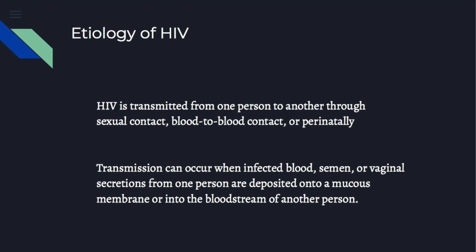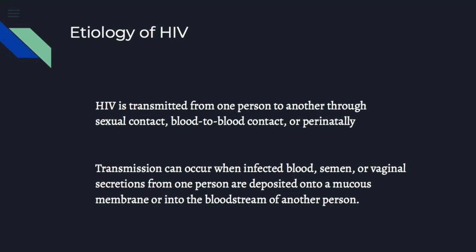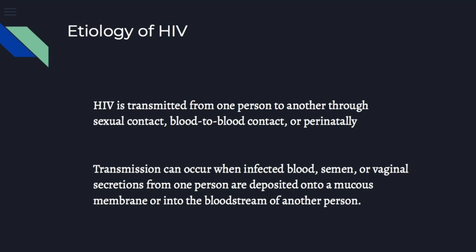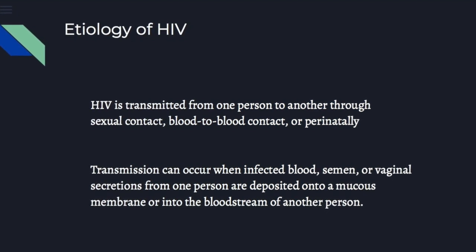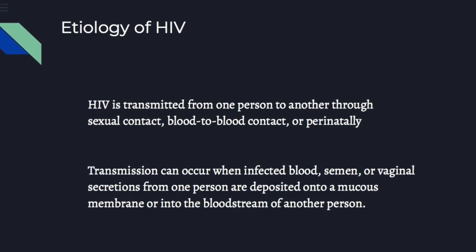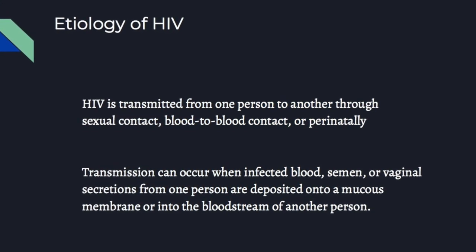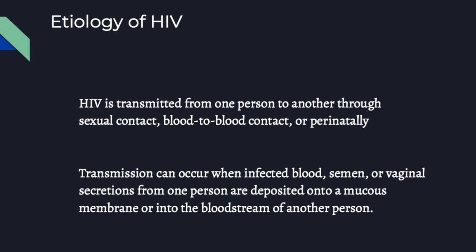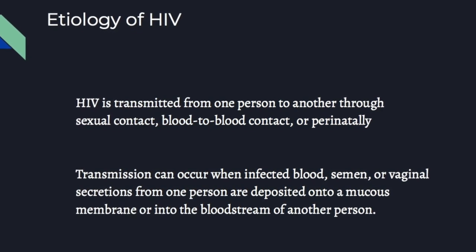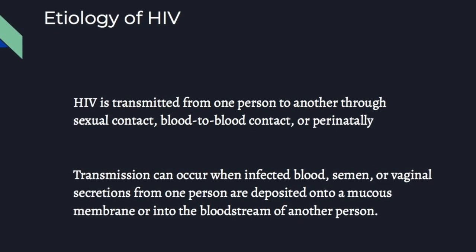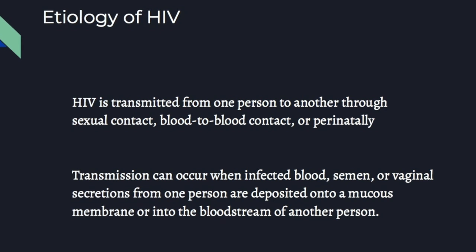So HIV can be transmitted from one person to another through sexual contact, blood-to-blood contact, or perinatally. Transmission can occur when infected blood, semen, or vaginal secretions from one person are deposited onto a mucous membrane or in the bloodstream of another person.